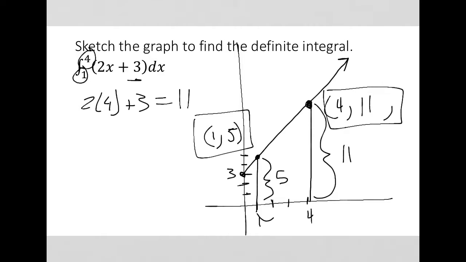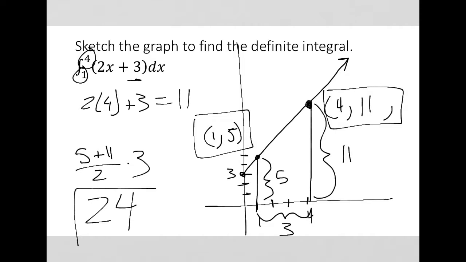And now the height is between 1 and 4, which is 3. And so if I want to find this area, all I need to do is say 5 plus 11 over 2 times 3. 5 plus 11 is 16, over 2 is 8, times 3 is 24. So the value of this definite integral is 24.